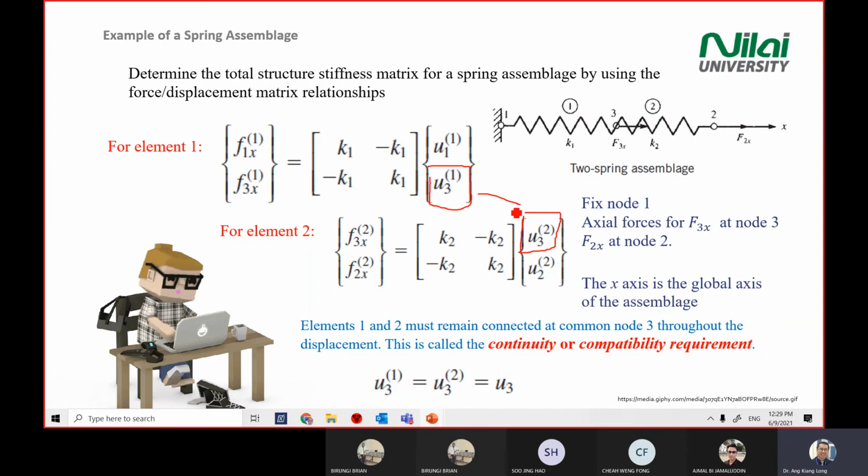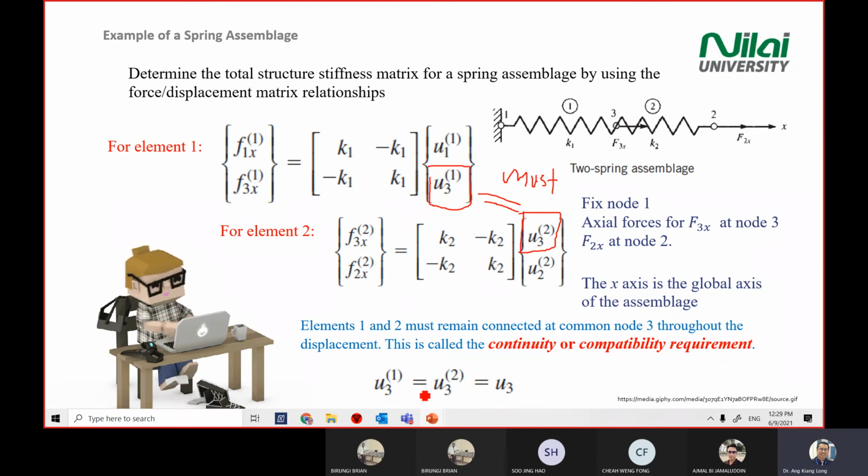Okay, these two numbers must be the same. So if in this matrix you get one number for U3, you can straight away substitute it inside here. Or if you get this one, you can substitute it inside here. Because we are using the continuity requirement or compatibility requirement.